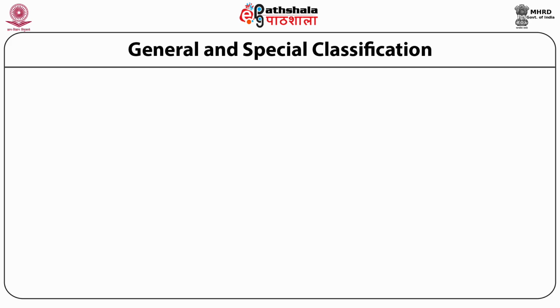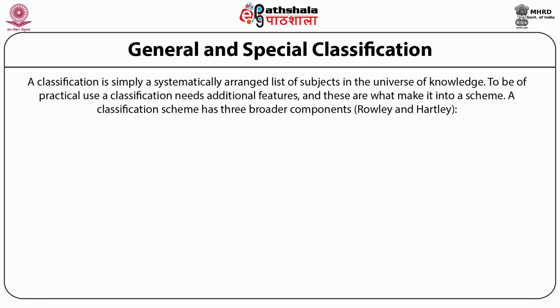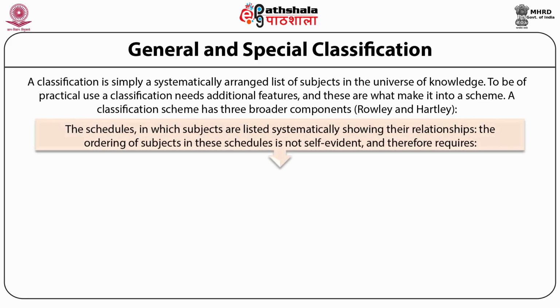Parts of library classification. So this is the core topic of this module. A classification is simply a systematically arranged list of subjects in the universe of knowledge. To be of practical use, a classification needs additional features, and these are what make it into a scheme or system. A classification scheme has three broader components, as said by Rowley and Hartley. Number one, the schedules, in which subjects are listed systematically, showing their relationship.